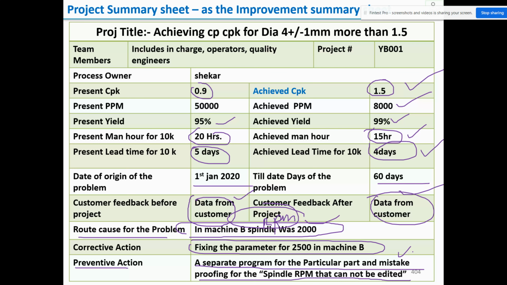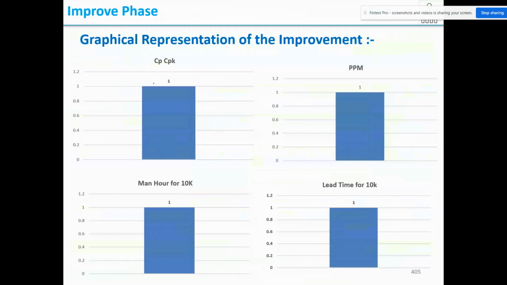That's why they put the root cause as RPM. Therefore, we need to fix the RPM by fixing the program so that no one can edit it. So this is the final project summary sheet that we can present to everyone. Then we can do a graphical representation of the improvement: CPK, PPM, man hours, time like this.